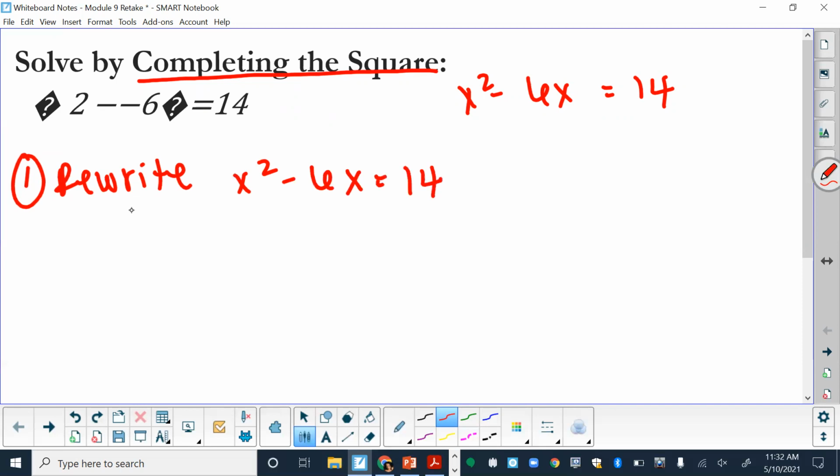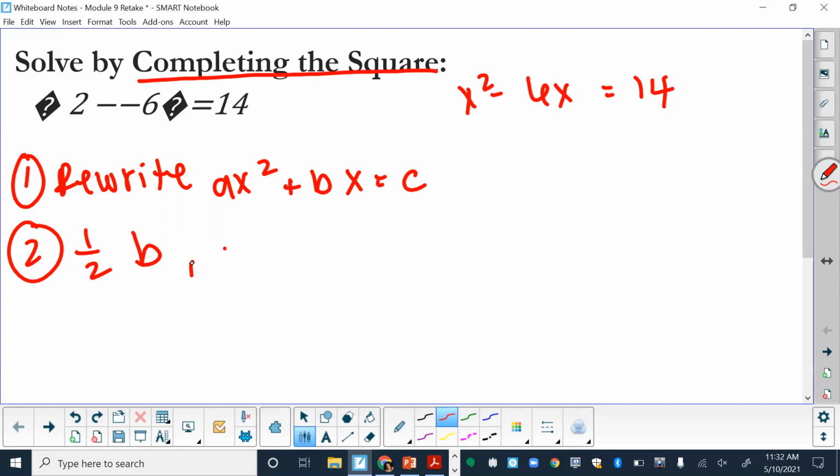All right, so you're supposed to rewrite it as ax squared plus bx plus c. So is it in the correct format already? Yes, so this one's already written the correct way. Step 2 is to take half of b, remember?